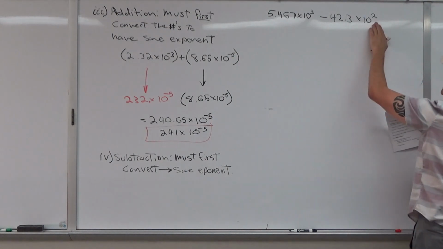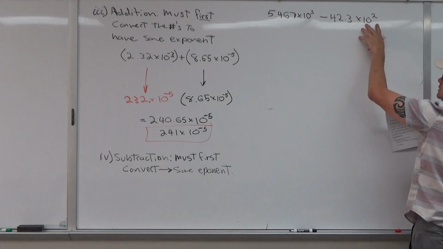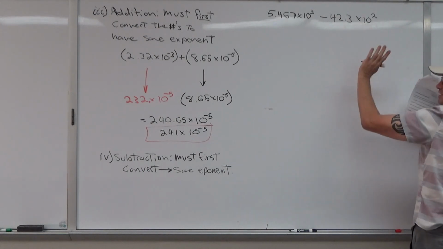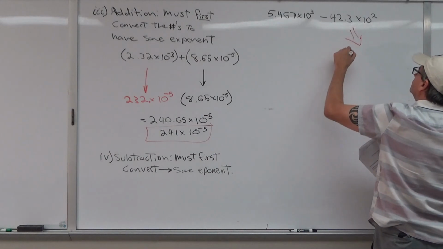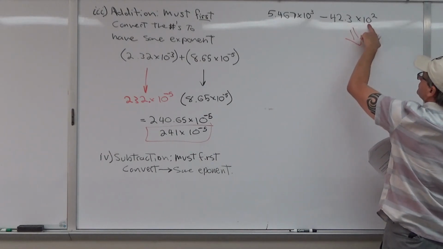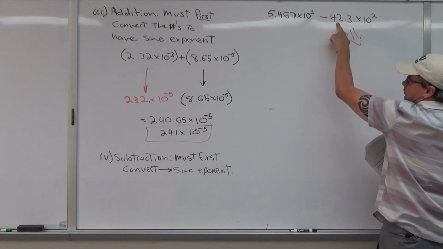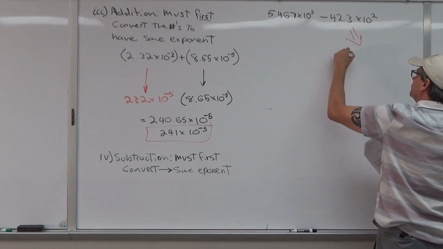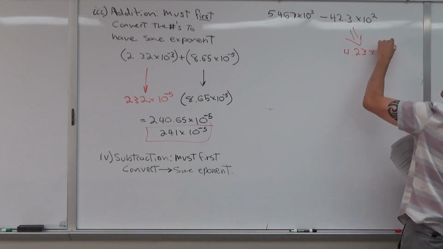If I'm making this bigger, going from 100 to 1,000, I've got to make that smaller, or I've changed the value. I'm increasing this by 1 exponent unit, so I need to decrease that by 1 decimal place. So 4.23 times 10 to the 3.